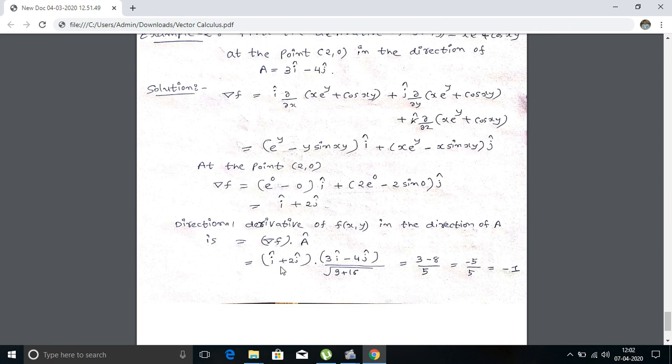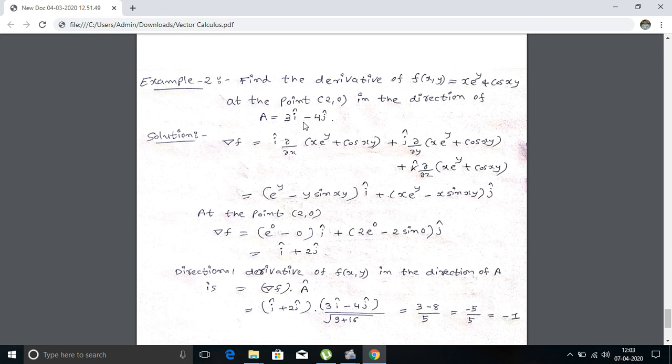So it will be (i plus 2j) dot (3i minus 4j) divided by its magnitude, root of 9 plus 16. Further simplifying, it will be 3 minus 8 divided by 5, so minus 5 divided by 5. The answer is minus 1. This is the answer of example number 2.